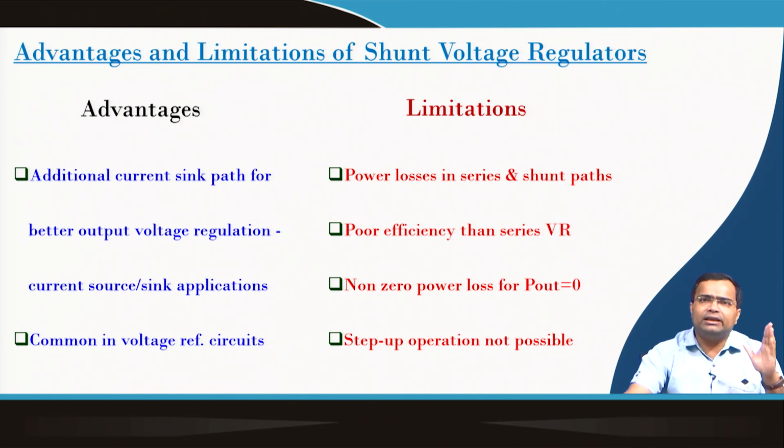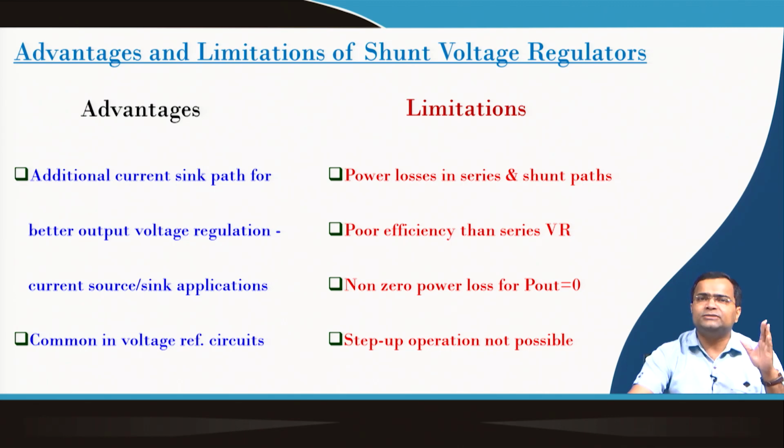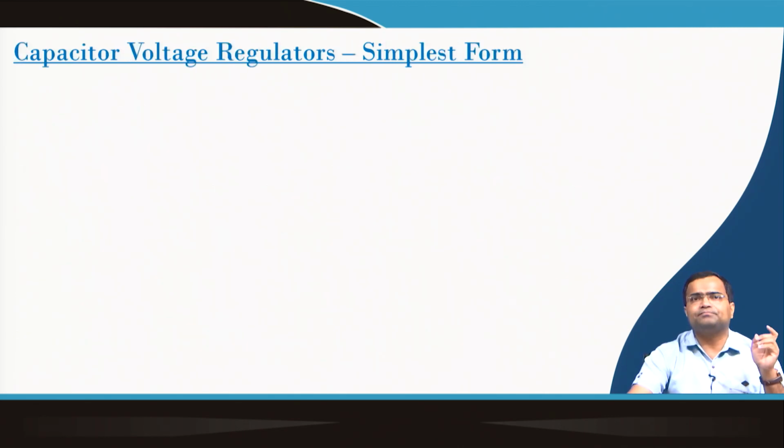Even if the load does not draw any power, due to the current sink path there can be some additional losses even at zero output power. So, the efficiency is poorer than even the series voltage regulator, and here also we cannot achieve step up voltage conversion.